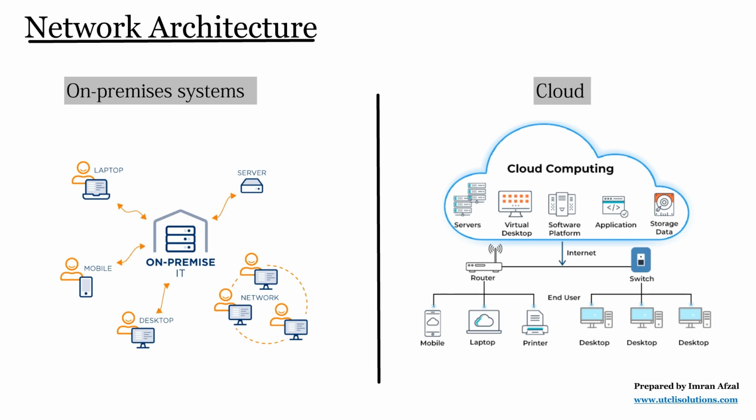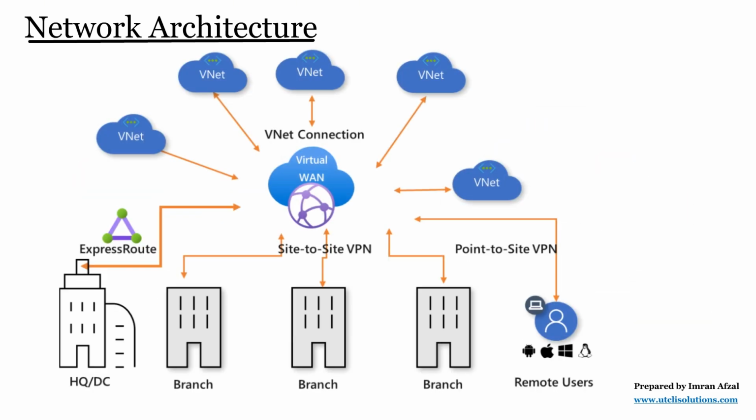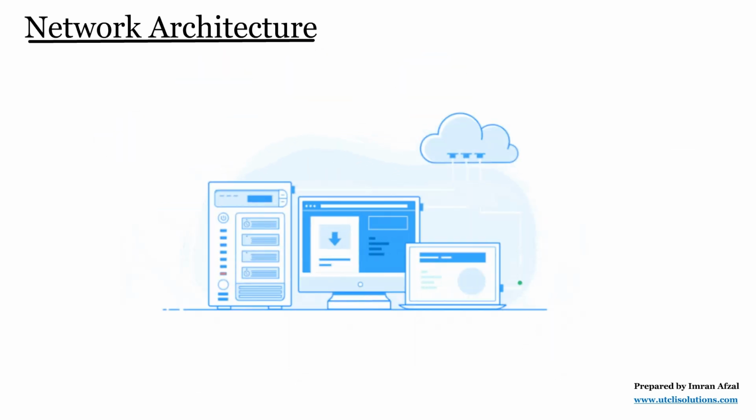Now, here is the interesting part. Even cloud networks follow topology principles. There are virtual switches, logical layouts, and architectural tiers, just without physical cables. Engineers still design for fault tolerance, scalability, and performance, but now it is done through dashboards and code instead of physical presence.